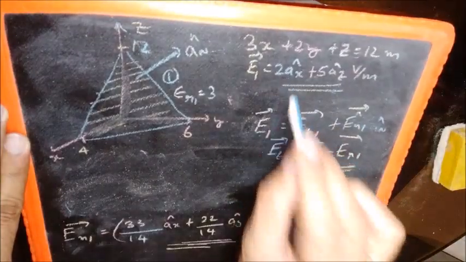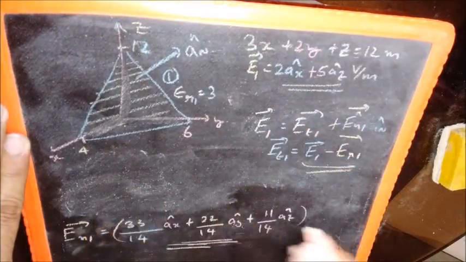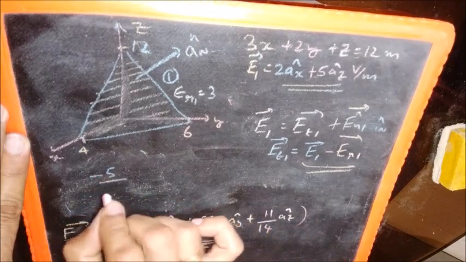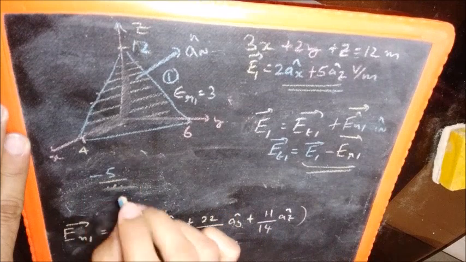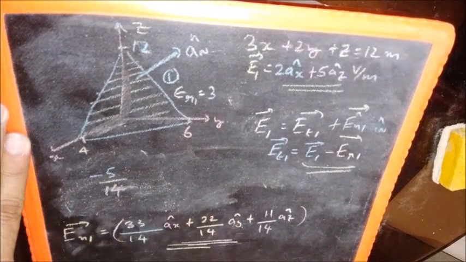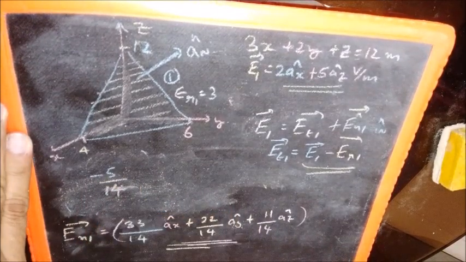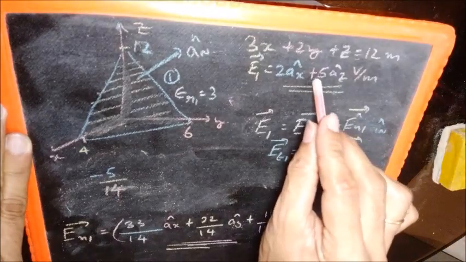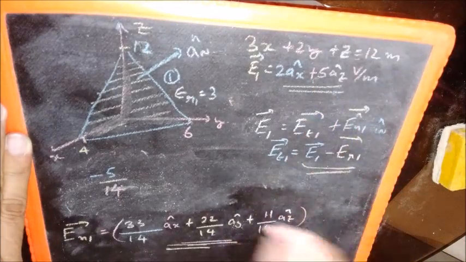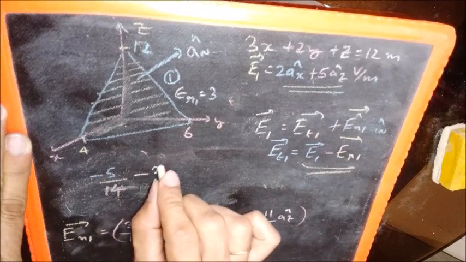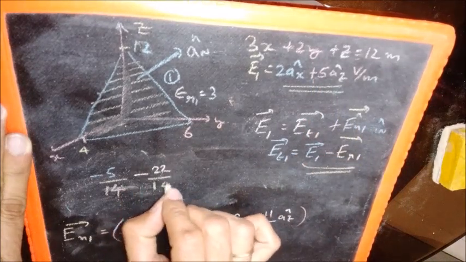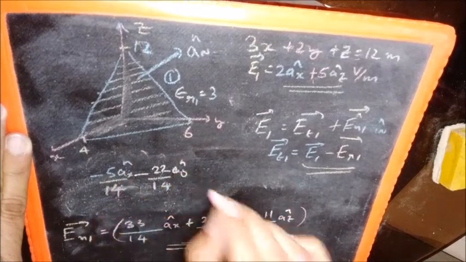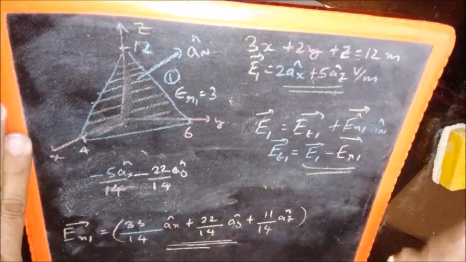2 minus 33 by 14 will give minus 5 by 14. And 0 minus 22 by 14 gives minus 22 by 14. Of course, ax cap, ay cap, you are subtracting vectors, so the result has to be a vector.